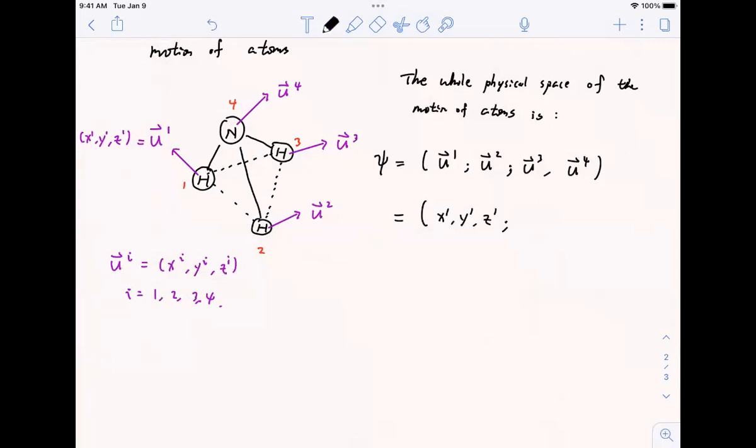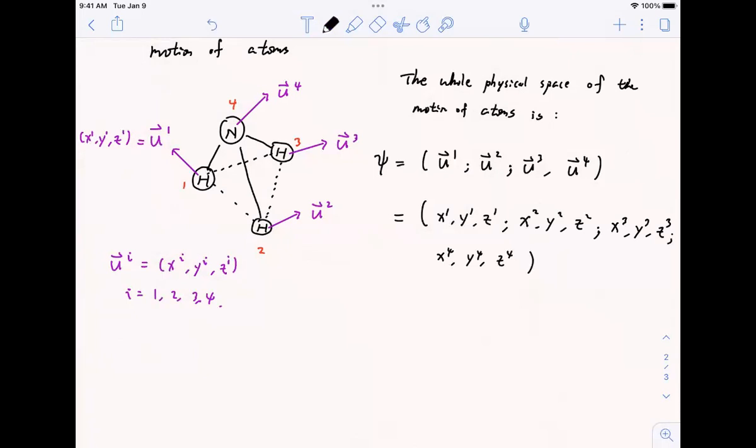Okay, so let's just write all of them. X3, Y3, Z3, and X4, Y4, Z4.